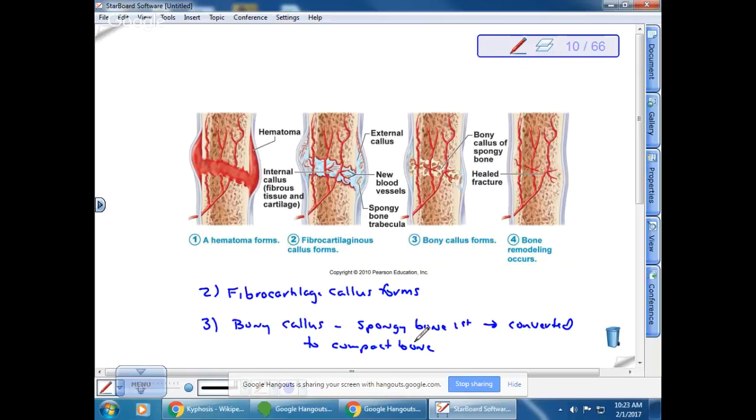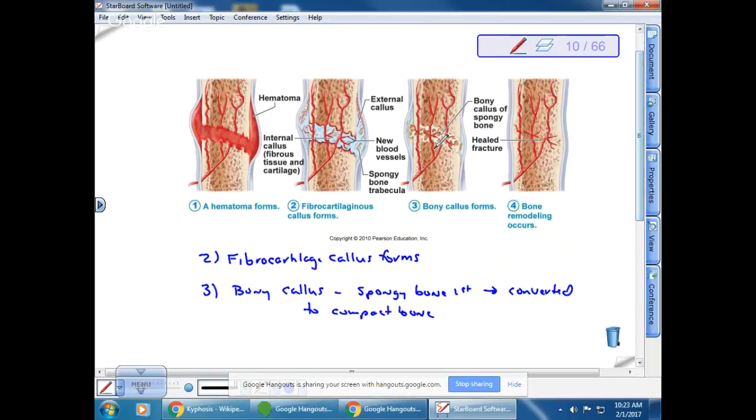And then after the bone heals, we need to remodel. And remember that one of the functions of remodeling is to keep the bone the proper dimensions. So this would be osteoclasts in the bone remodeling. Osteoclasts would move in there and destroy the excess bony matrix that has been laid down. So the callus is actually removed, right? It's kind of like a natural splint that forms around the fracture site.